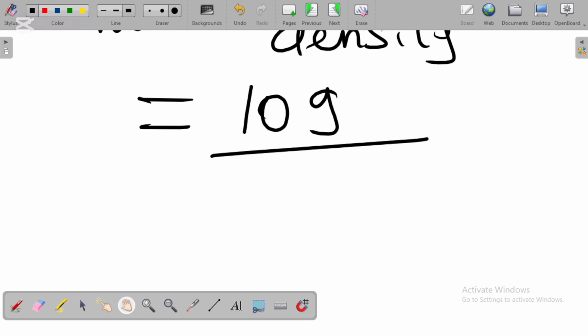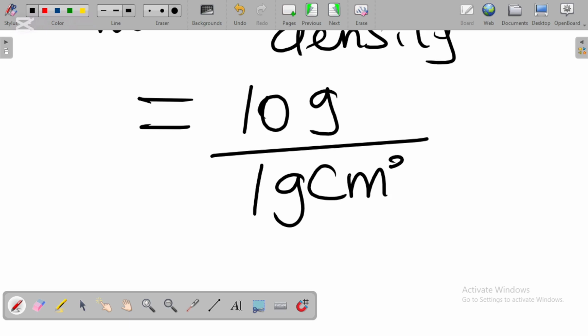Now recall, the density of water, if you approximate it, would give you 1 gram per cm cube. You can also confirm the general density of water.